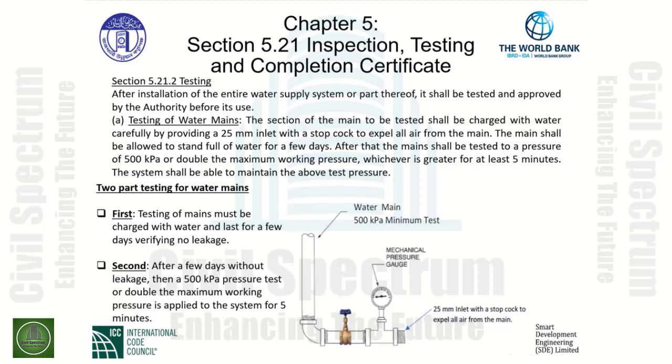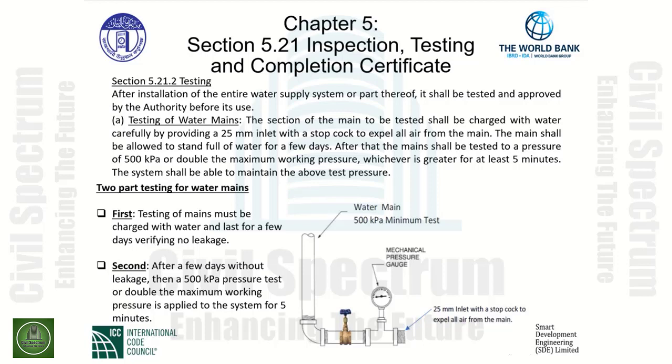So if you read this, you are looking for a two-part test here. The first part is testing of the mains. We have to charge them with water, let them last for a few days, just verifying no leakage under that static pressure.